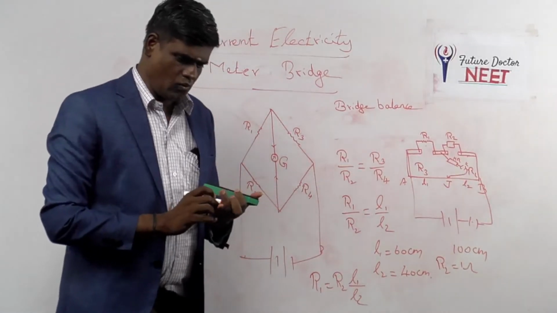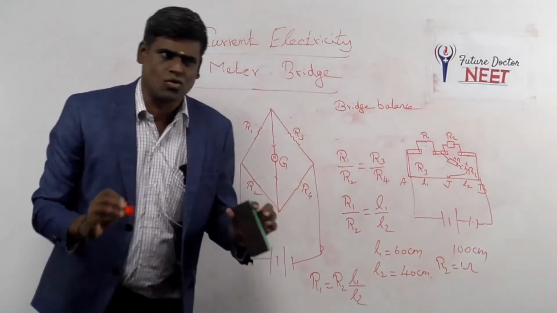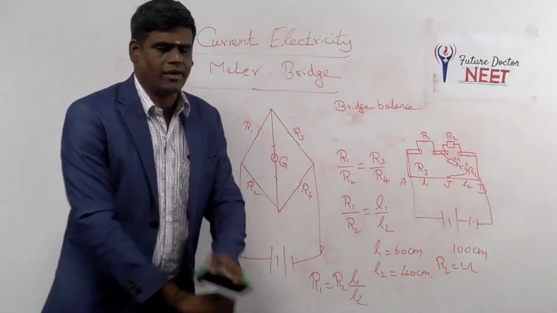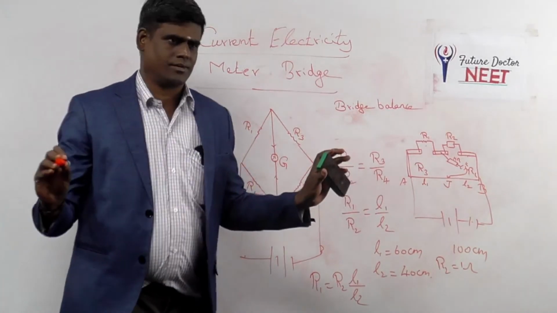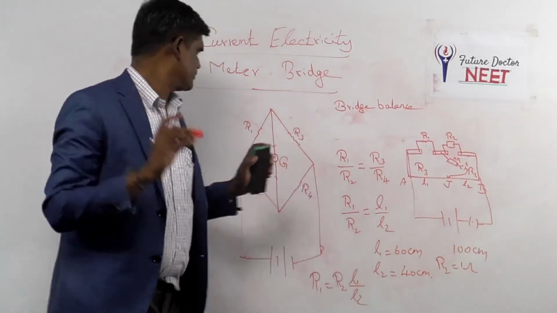Okay, now only one topic is pending in this chapter, that is potentiometer. If you finish potentiometer, this chapter, current electricity, will be completed. Okay, any doubts in this? Any doubts? No. Okay.